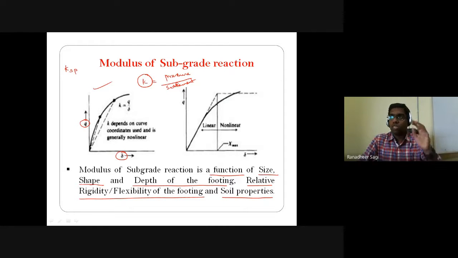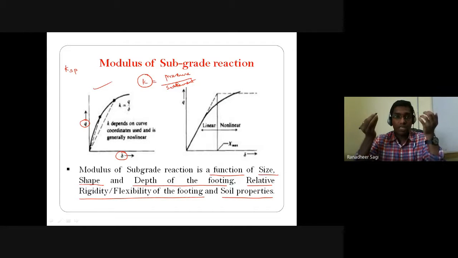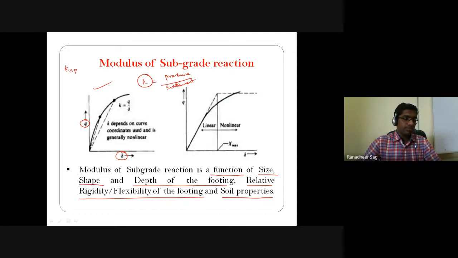So in general it depends on the properties of the soil, but not only that: the subgrade modulus also depends on the size, shape, depth, and rigidity of that particular footing you are looking at. All these parameters govern how much the subgrade modulus value of that particular foundation is going to be.